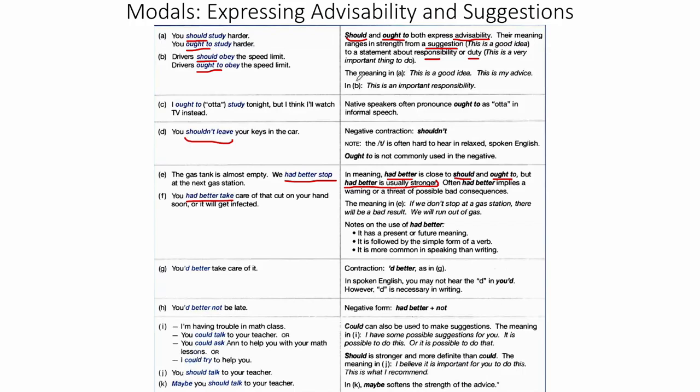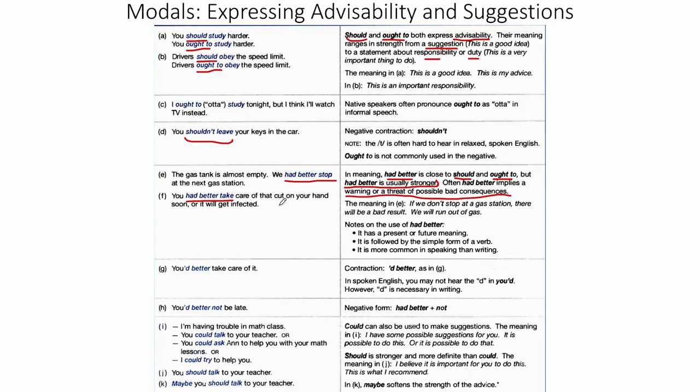So it is very important to do. Often had better implies a warning of a threat of possible bad consequences. That is to say, when the person says had better, there is an implication that there could be a possibility of a bad consequence if the person doesn't follow the advice. So this is the difference between should and ought to and had better.